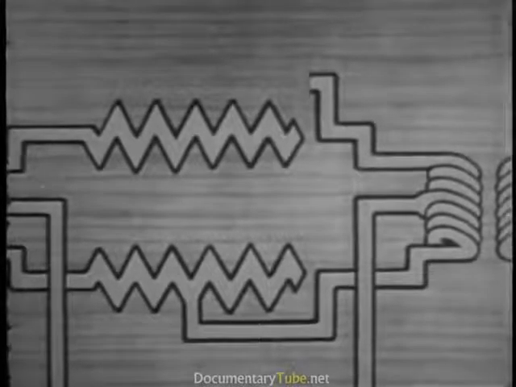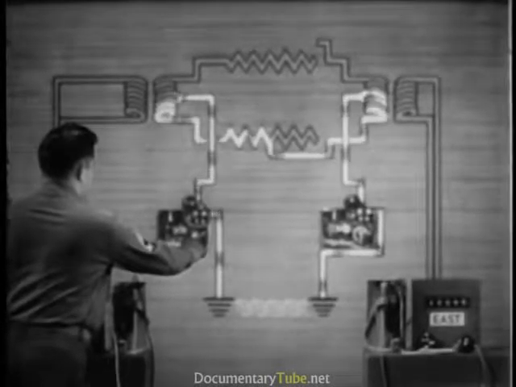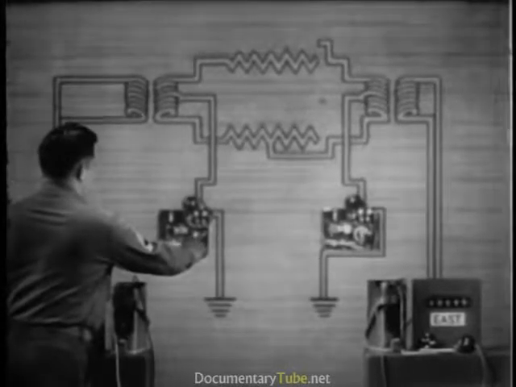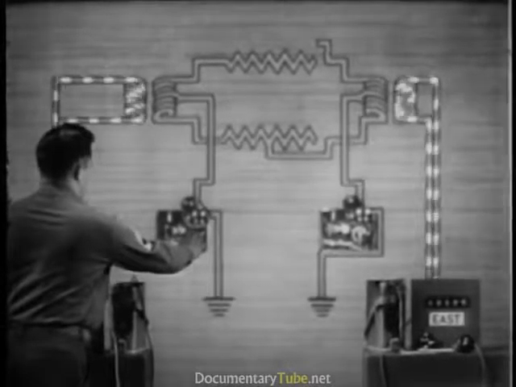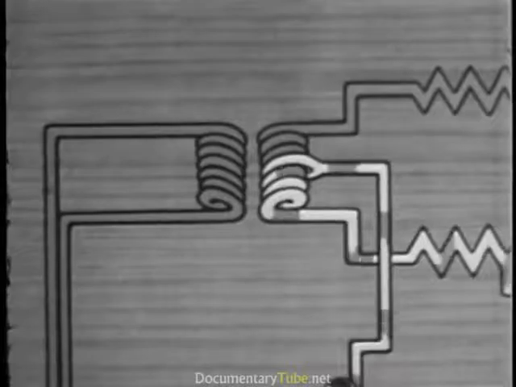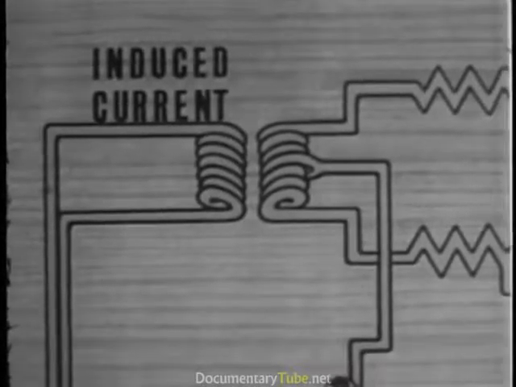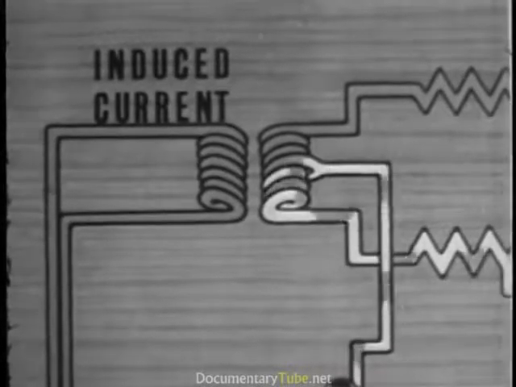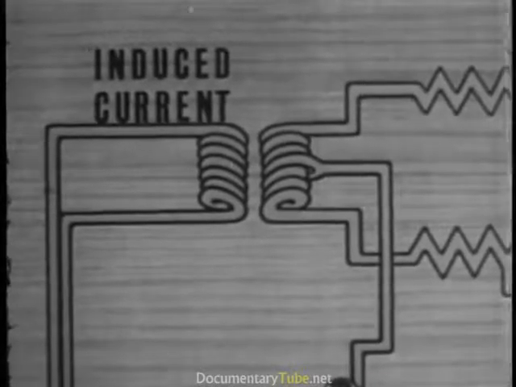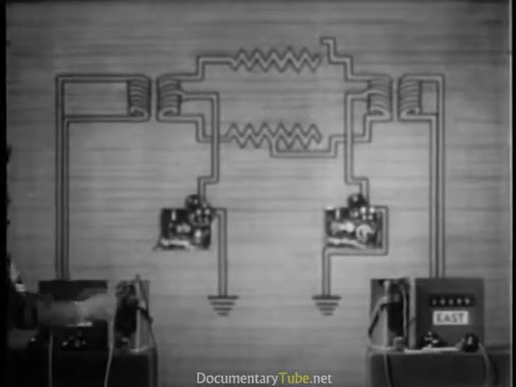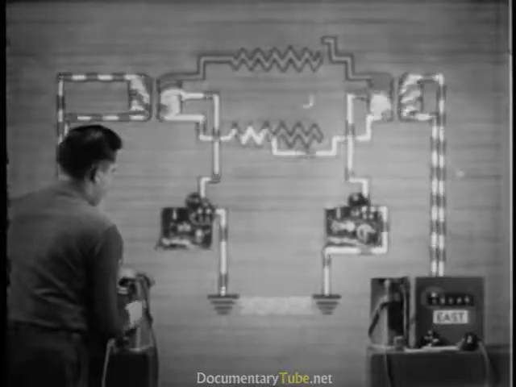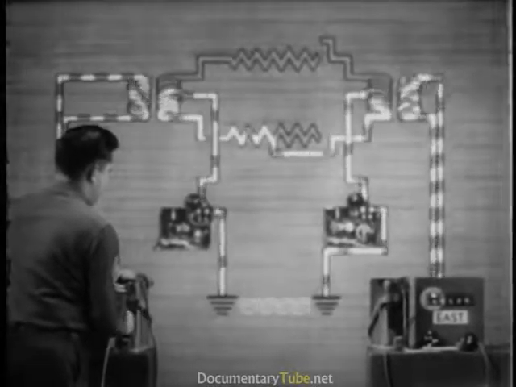Now, all the telegraph current travels over one wire, and the current induced in the telephone circuit is at a maximum. Telephone signaling is usually still possible, even with the open line wire.